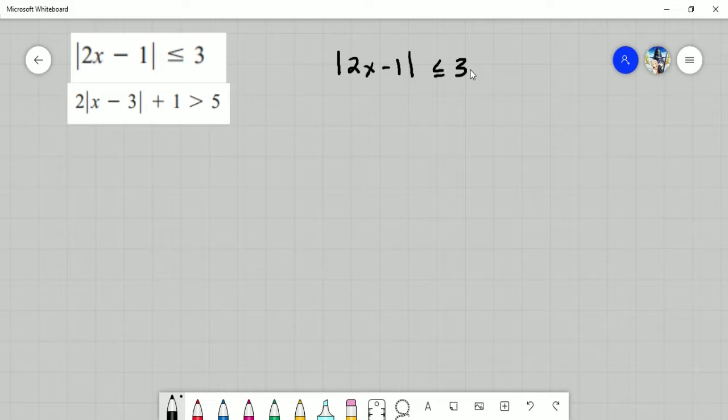I'll have it pop up here somewhere so you can copy it down along with the others. But with absolute value bars in an inequality, let's talk about absolute value bars. We know that when we take the absolute value of a positive or negative expression, it's always going to come out as positive.